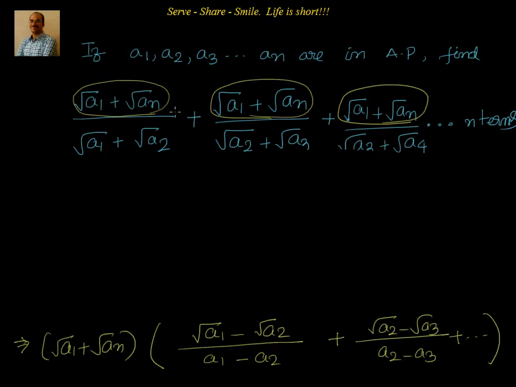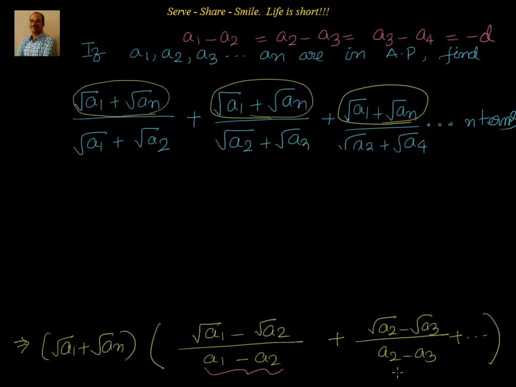We know that a1 minus a2 is equal to a2 minus a3 is equal to a3 minus a4, and all of them are equal to minus of common difference, because the arithmetic progression definition itself is that when you want to get the next term you have to add the common difference. So obviously the difference between the first and second terms will be the negative of the common difference.